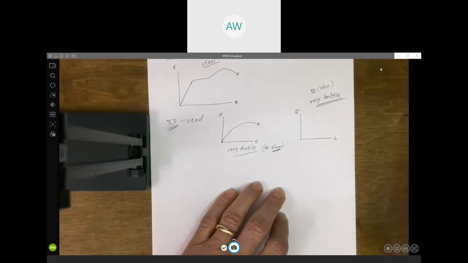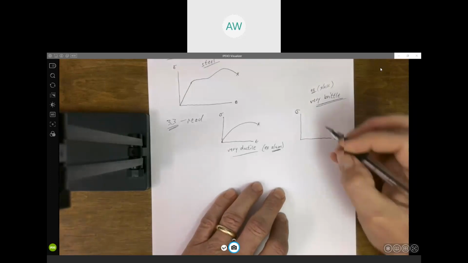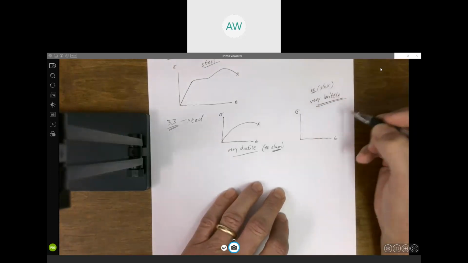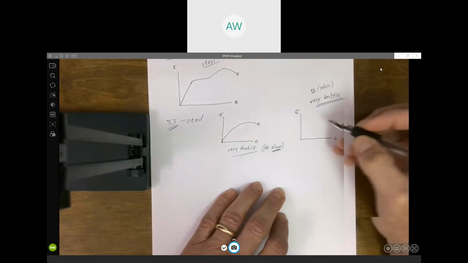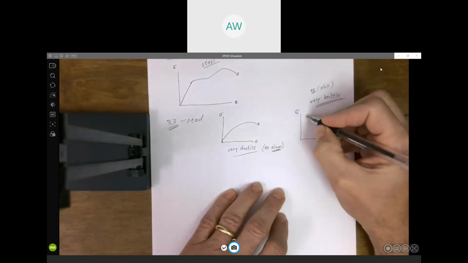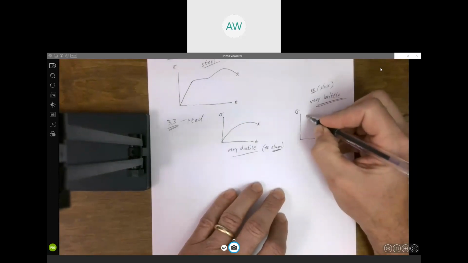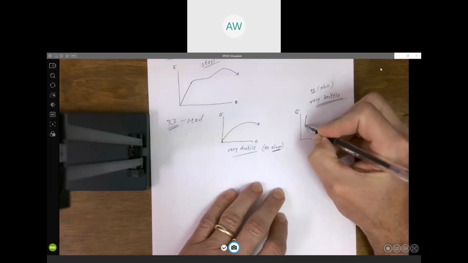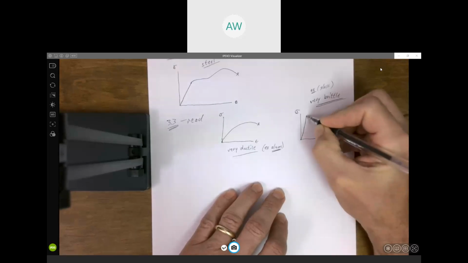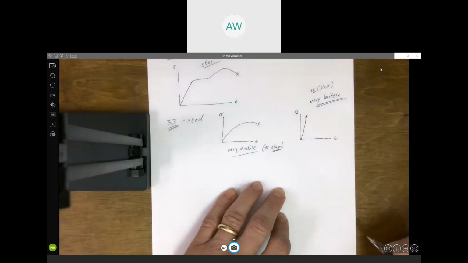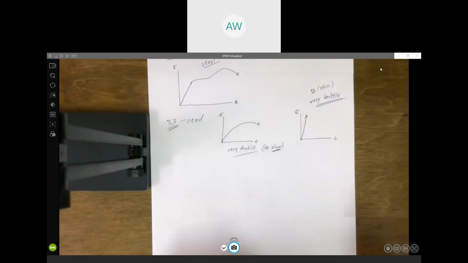So you get very little actual deformation. And your stress strain diagram turns out to look like, for the most part, all linear, and it is very steep. That's supposed to be a straight line, and it breaks. You don't get a lot of deformation. Glass doesn't stretch very well. Ceramic doesn't stretch very well. When it starts to deform, it's going to break shortly thereafter.